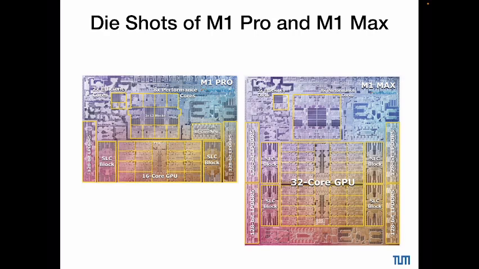So this one doesn't have any of that? There's no device memory in the sense that the GPU would have its own memory. Okay. So these are the die shots, and you can see that basically this is copying the design from the 16-core GPU to a 32-core GPU.